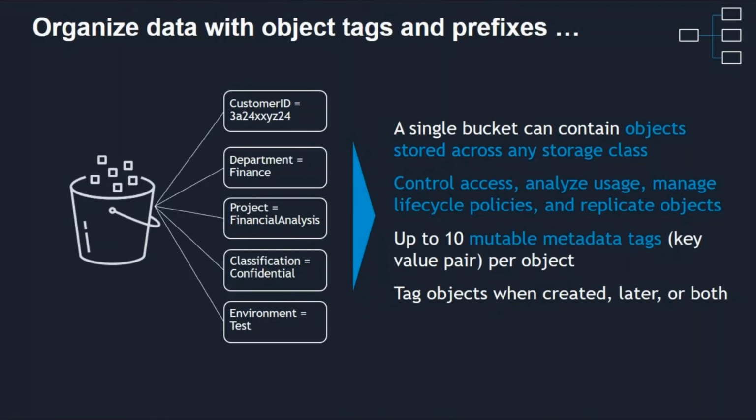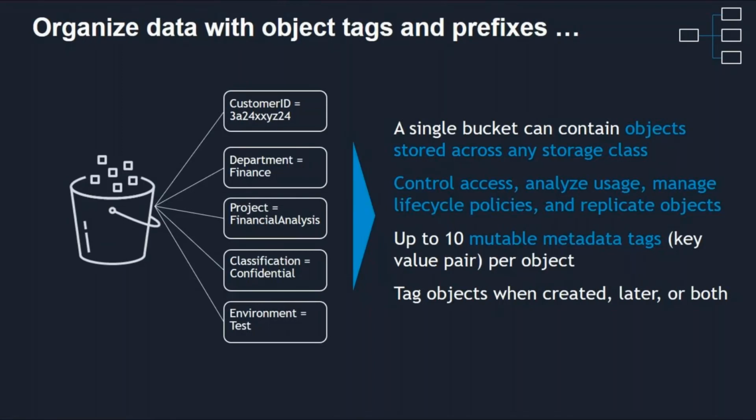You can add up to 10 tags, or metadata tags as we call them, that are a key value pair, allowing you the chance to directly organize according to the specifics of something like a project, or whether data is confidential, and maybe even things like the creator, owner, and other details that allow you a great deal of granularity in that organization. This fine-grained management is really important when you look at things like setting permissions on individual objects and even moving objects based on a life cycle.